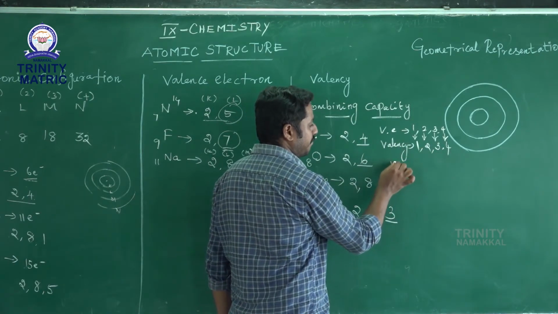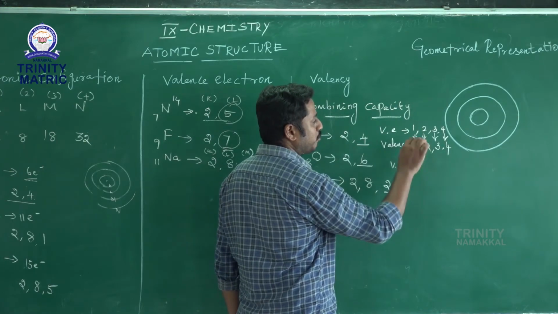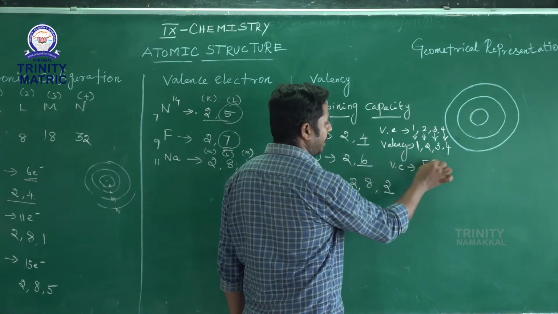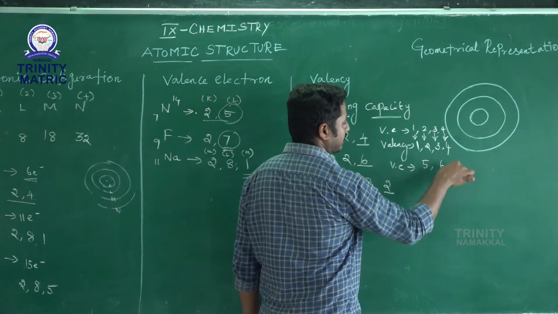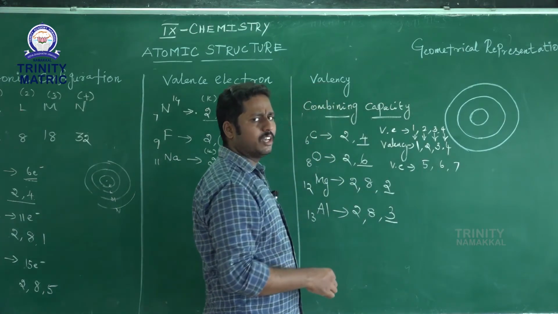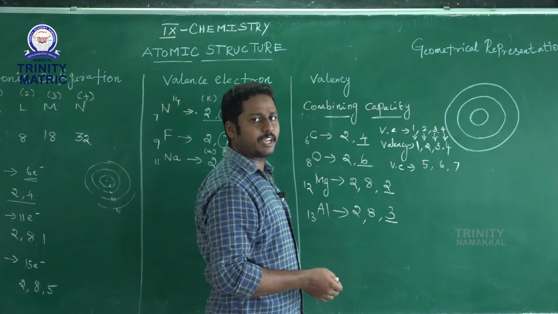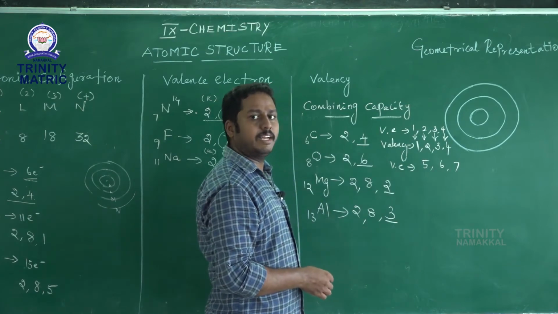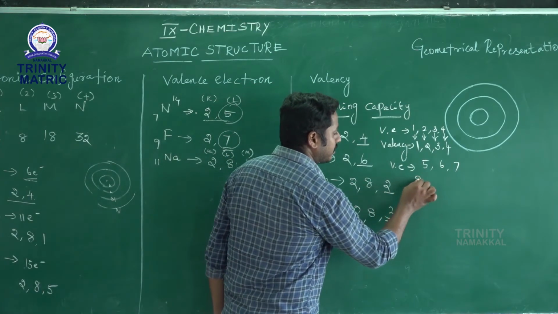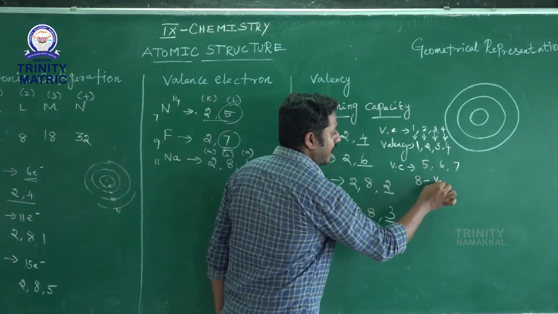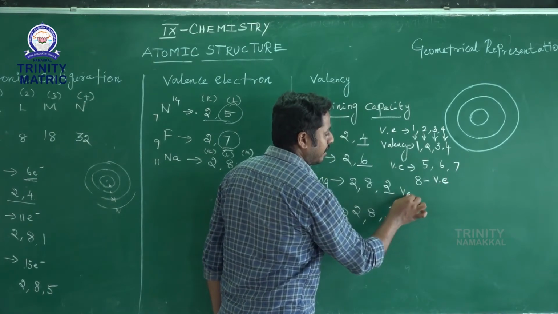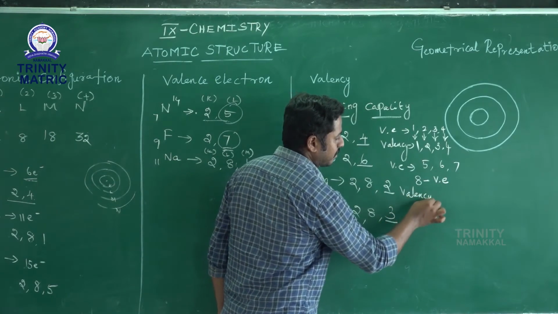But if the valence electron is more than 4, like 5, 6 or 7, you just subtract that number from 8. So 8 minus valence electrons gives you the valency.